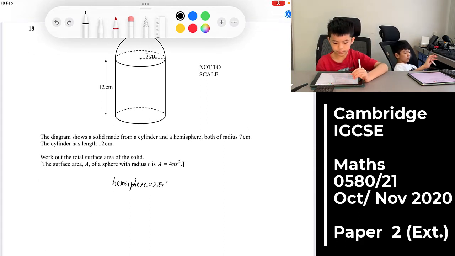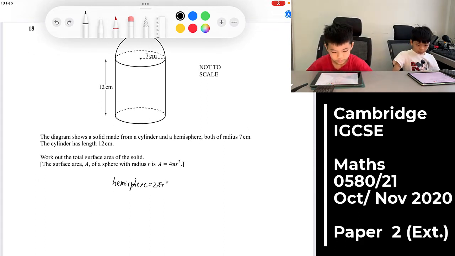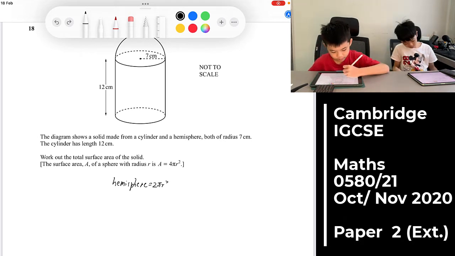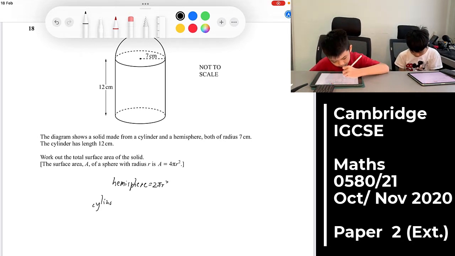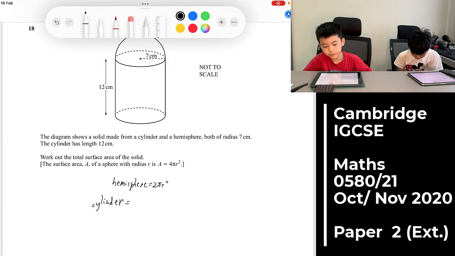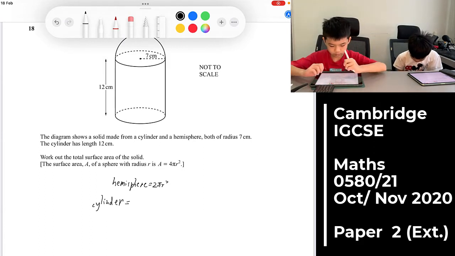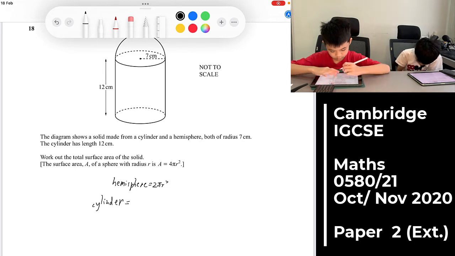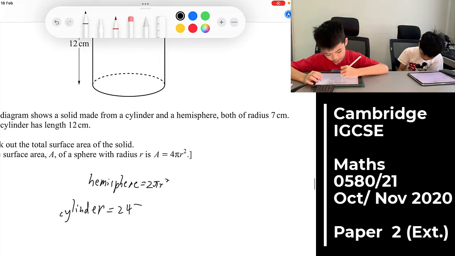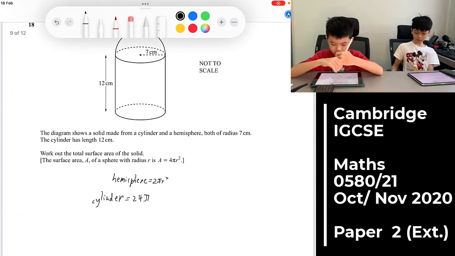And then for the cylinder, for this diagram, it would be 24 pi, which is 12 times 2 pi r.